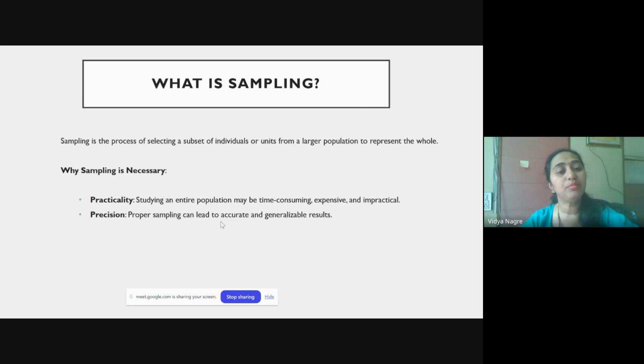So sampling is the process of selecting a subset of the individuals or the units of the larger population to represent the whole. Now, a very basic thing. Whenever we get any vaccinations, are those vaccinations not tried and tested? Definitely. They are tried and tested before they come in the market. So on whom do they try and test?